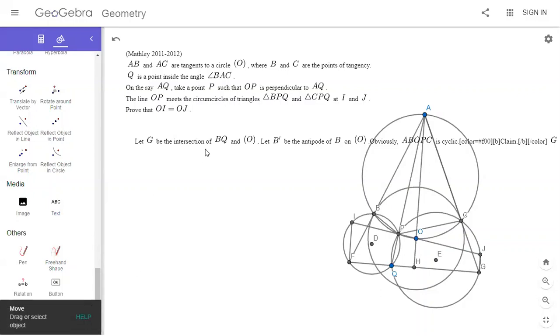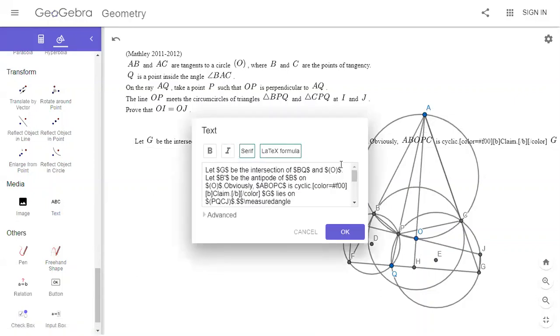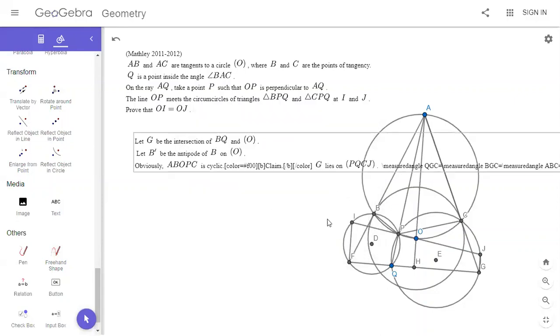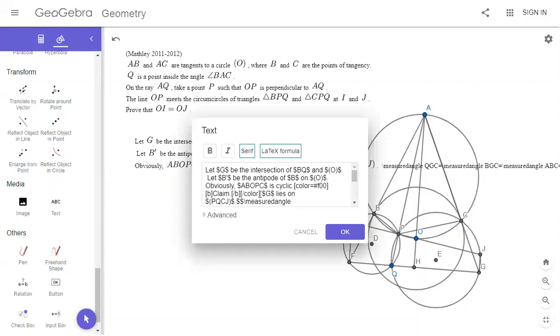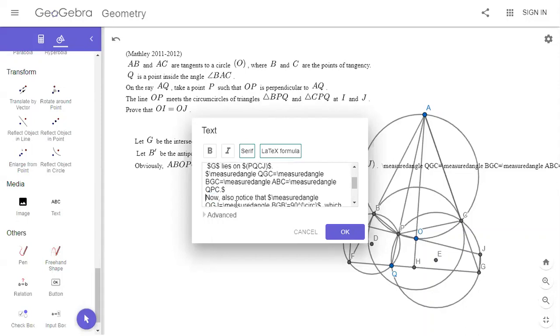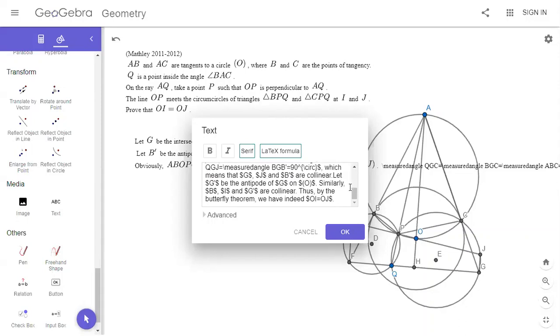Oops. Let me do the lines. Yeah, sorry, I'm just going to take away the color just because I'm not sure how it works in GeoGebra.